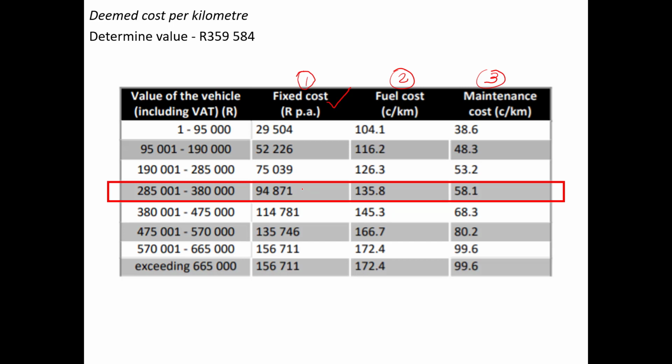If we look at the vehicle that we are working with in our example, we will be looking at this cost, the 94,000 in this category, the 94,871. For fuel purposes, we will take the 135.8 cents, and then for purposes of maintenance, we will look at the 58.1 cents.